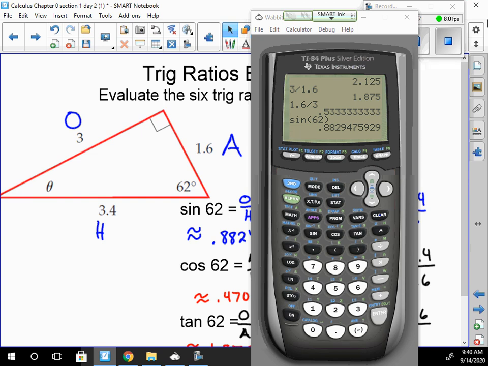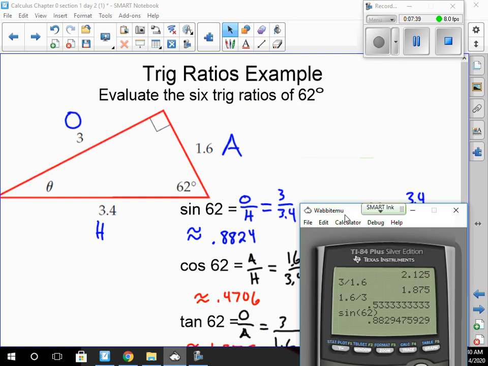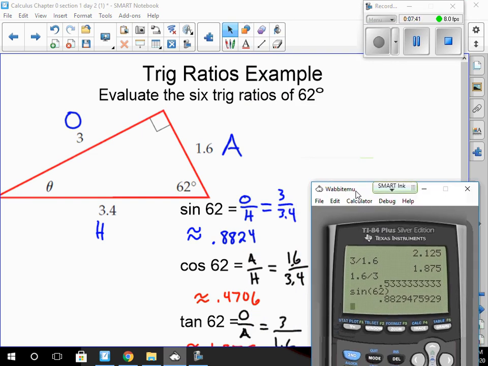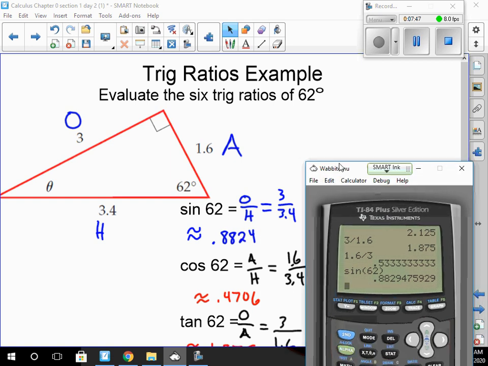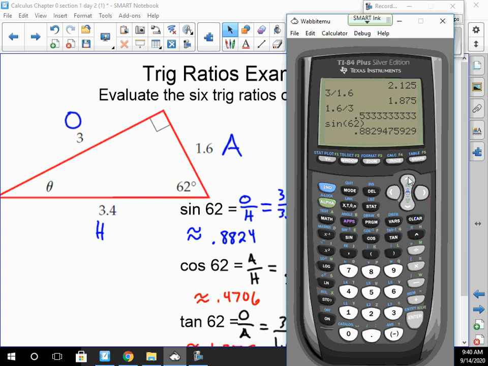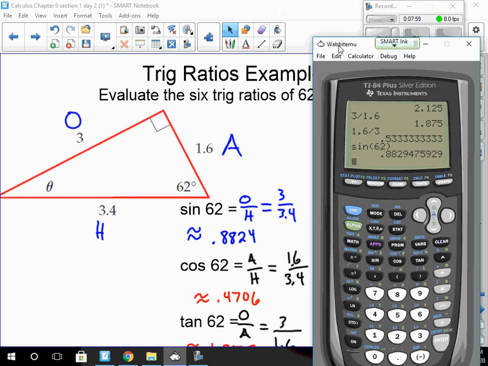If I look back at my last slide, I had 0.8824. So it's close, but not exact. But you're going to find that this is actually the more exact of the two. I also may have written that down wrong.